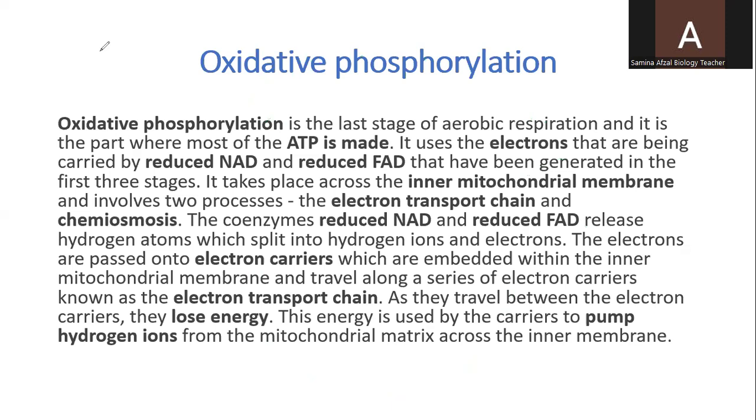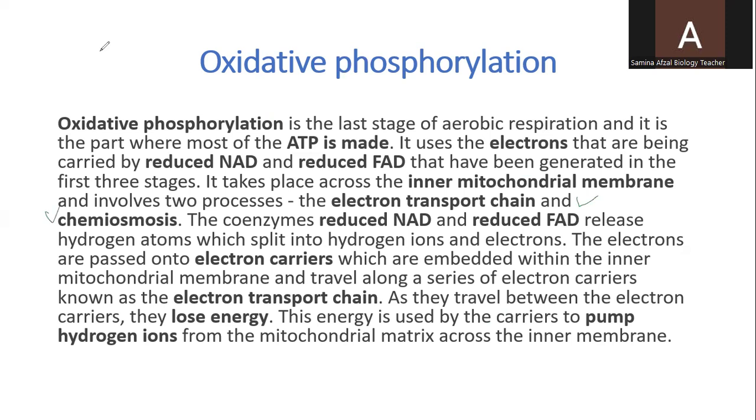That is, two molecules of ATP were formed in glycolysis, and then it uses the electrons that are being carried by reduced NAD and reduced FAD. They were formed in the previous stages, they have been generated. So it takes place across the inner mitochondrial membrane and involves two processes, the electron transport chain and chemiosmosis.